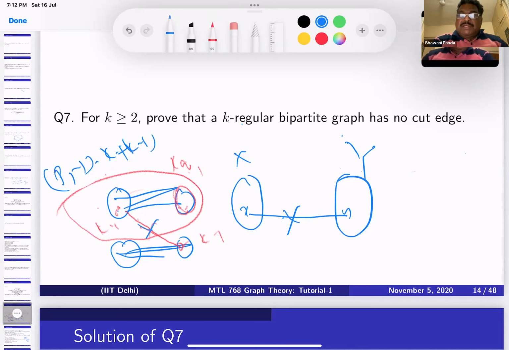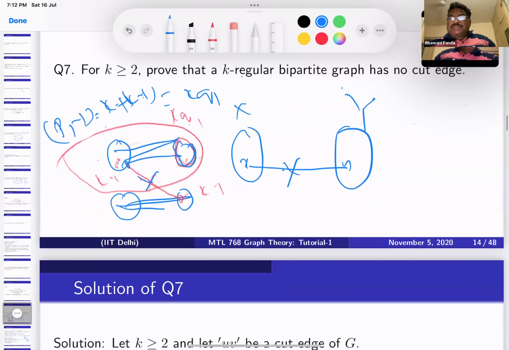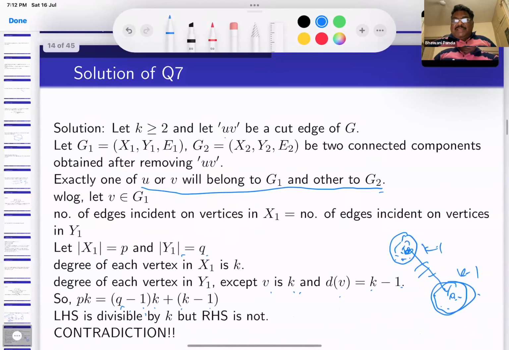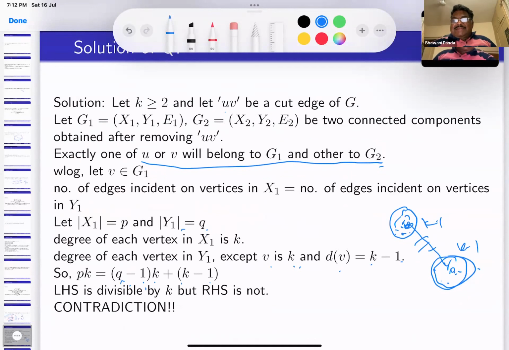So P1 minus 1 into K plus K minus 1 is equal to K into Q1. So the left-hand side is not divisible by K, but the right-hand side is divisible by K. So we have a contradiction. So there cannot be any cut edge. Is this clear?